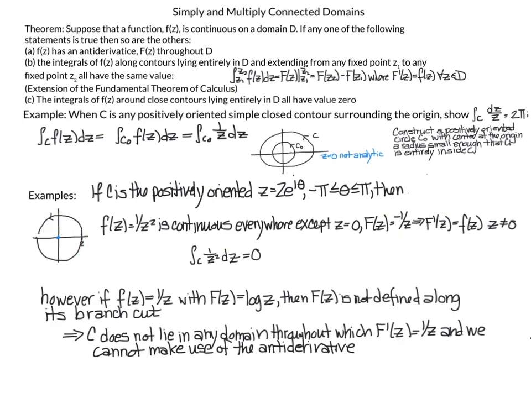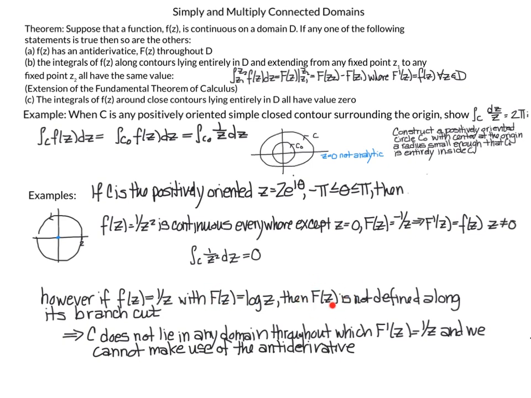But our next example, again, we had covered this in our previous video about the antiderivative in Cauchy-Goursat, looked at f of z equals 1 over z, which is exactly the function we have in our example for simply multiply connected domains. We said the antiderivative is log of z.